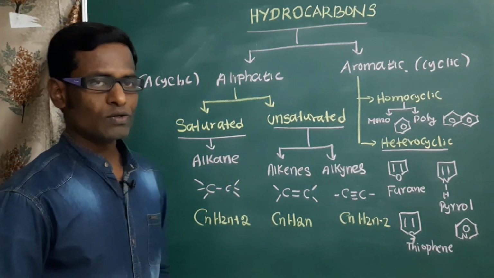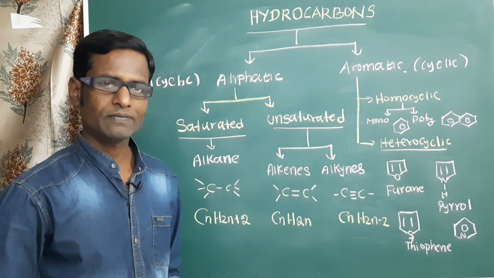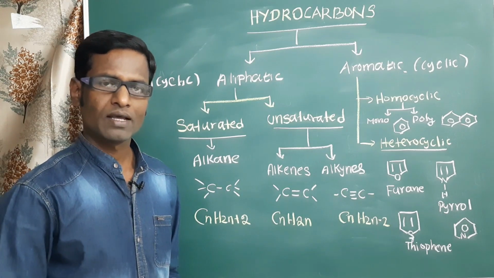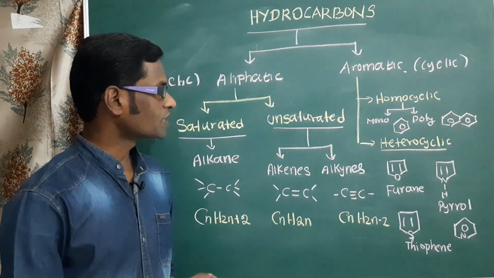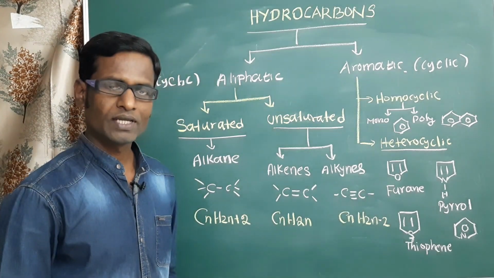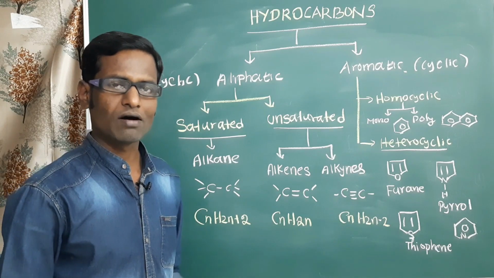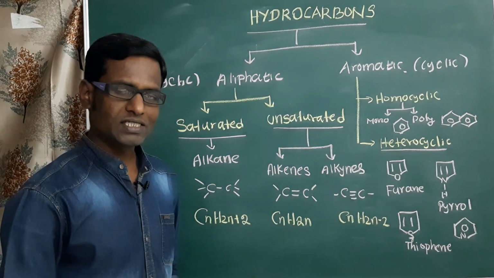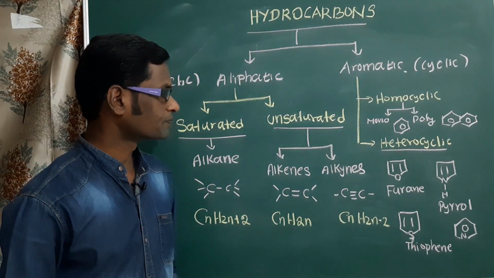The meaning of hydrocarbon: a compound containing both carbon and hydrogen. Two major classifications: aliphatic and aromatic. Aromatic can again be classified into two types: homocyclic and heterocyclic. Homocyclic means the ring is made up of only carbon atoms. Homocyclic is again classified into monocyclic and polycyclic.